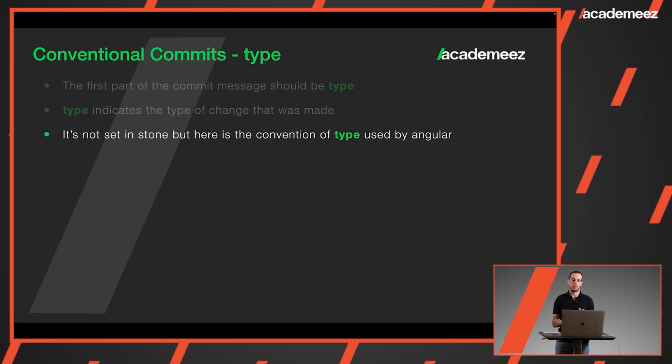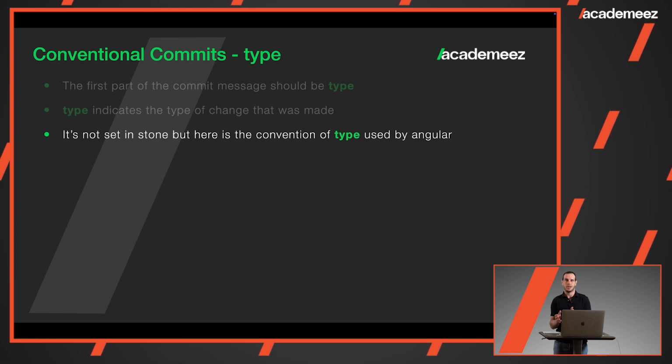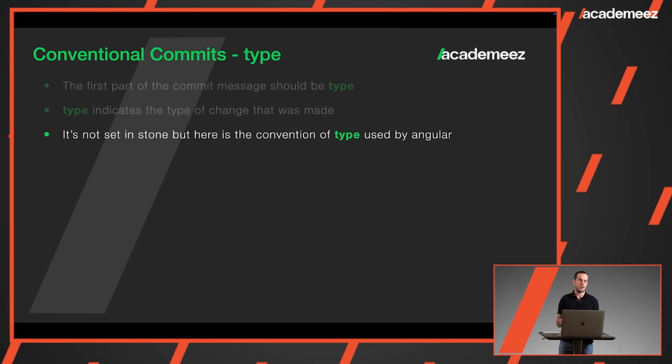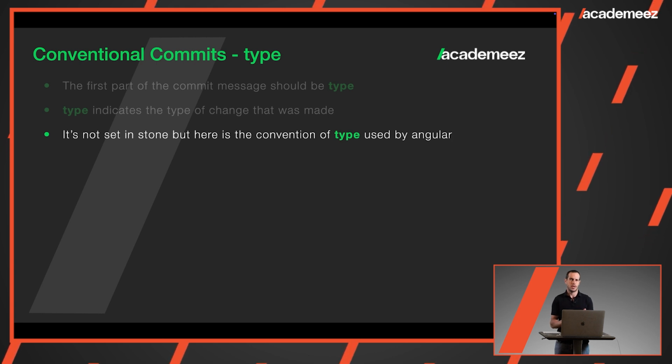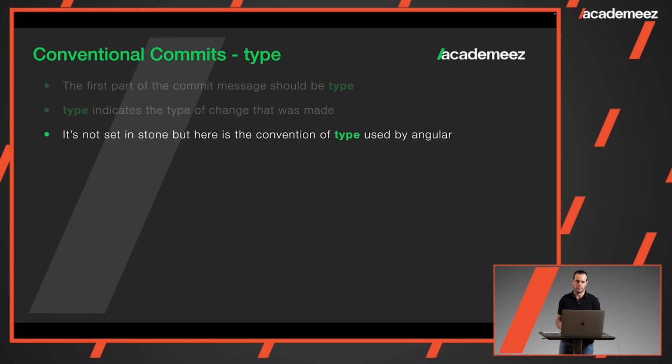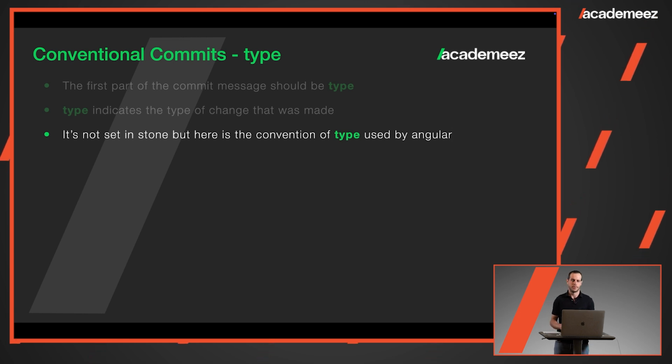Later in this lesson, we are going to enforce conventional commits using something called commitlint. And in commitlint, you can configure what kind of types you have. I like to base my types on the Angular conventions, but sometimes I change it a bit, adding additional configuration for the types.